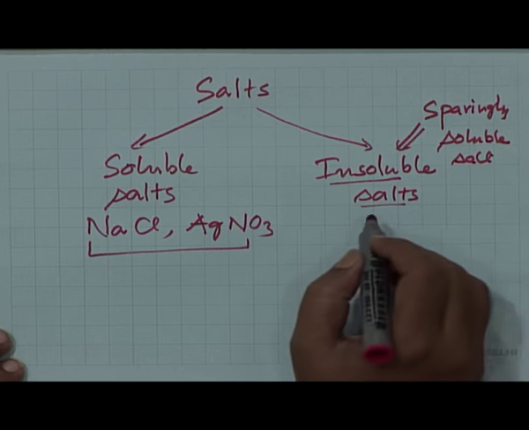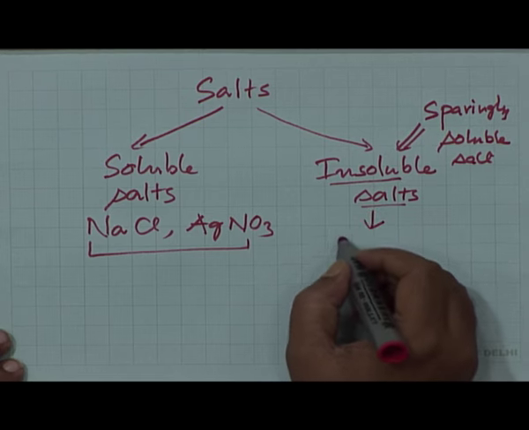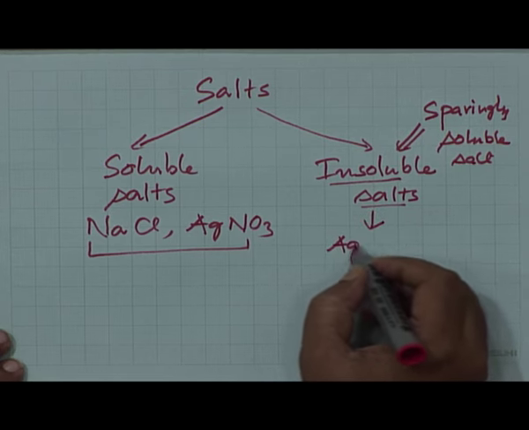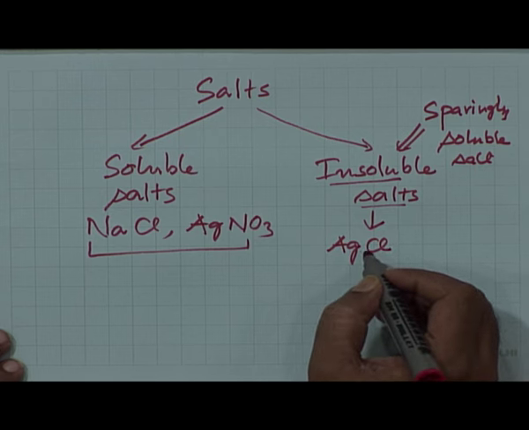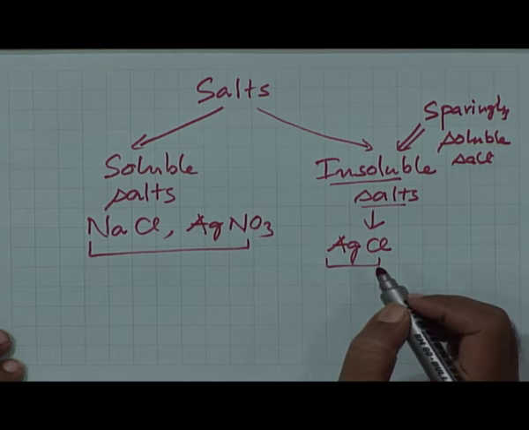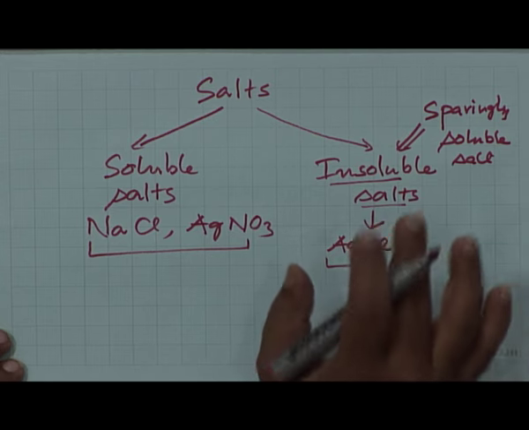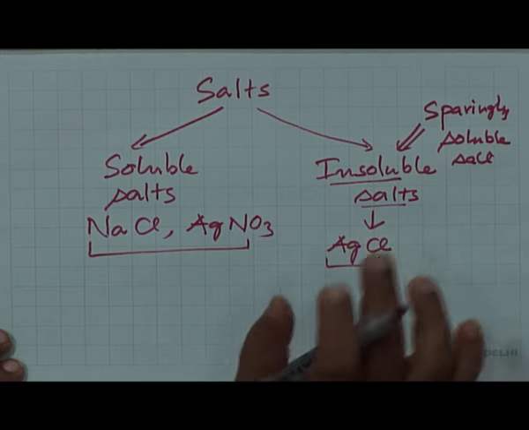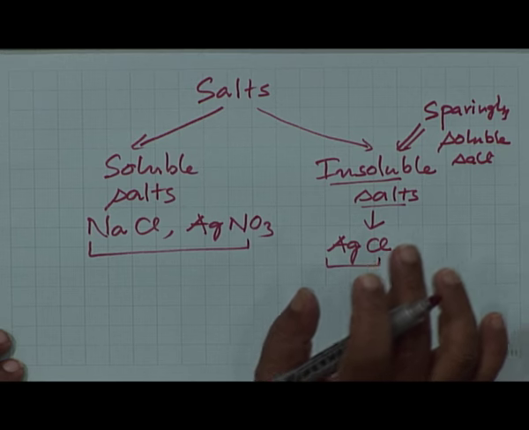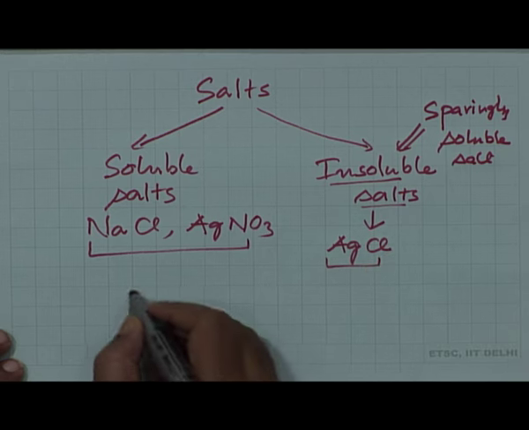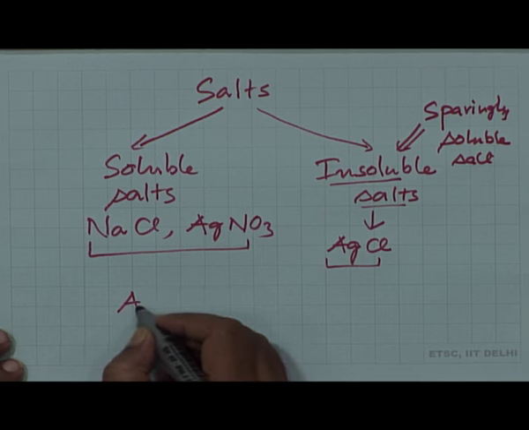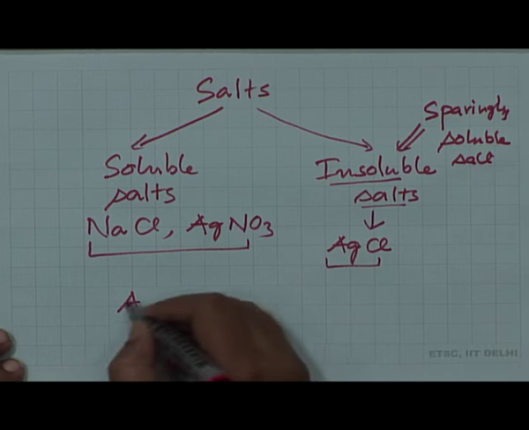So, these salts, for example AgCl, do not go completely into solution. So, generally they are weak electrolytes.